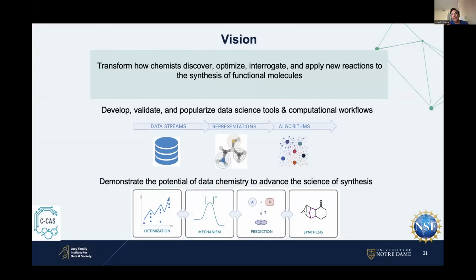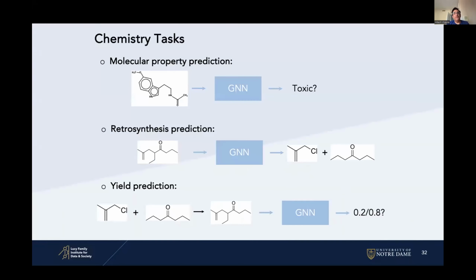We want to go all the way and see how machine learning and AI could be used for optimization, for mechanistic discoveries, for predicting what my reaction could be, for predicting what the yield of my reaction would be, and then eventually supporting synthesis. So that's what we're trying to do at the center.